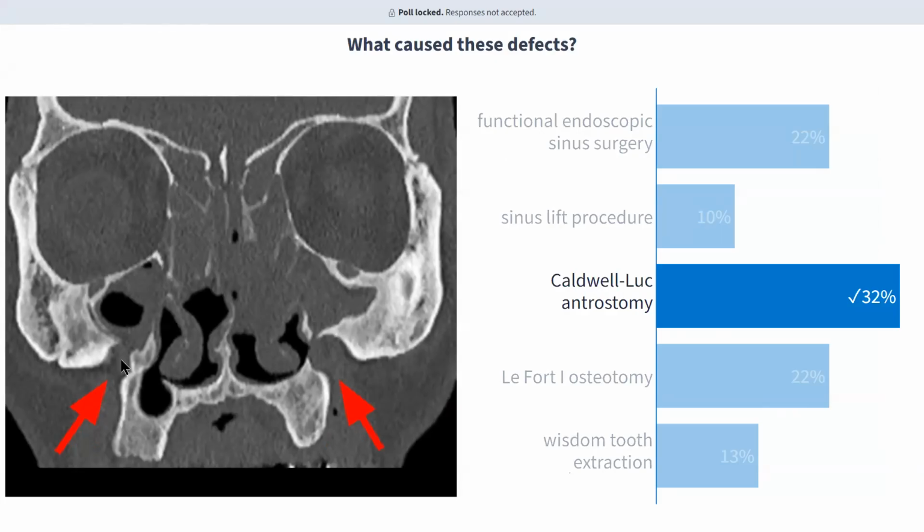And these defects in the anterior walls of the maxillary sinuses are typical for Caldwell-Luc antrostomy, which is an old-timey sinus surgery in which the surgeon goes up through the mouth above the gingiva and drills these large defects into the maxillary sinus in hopes that this will drain.